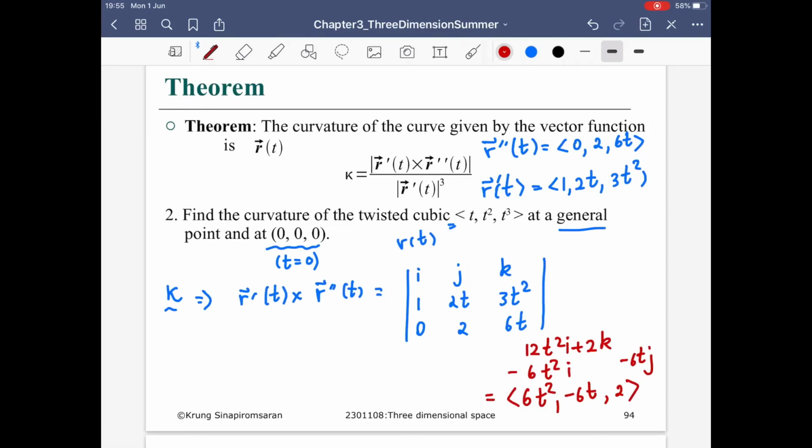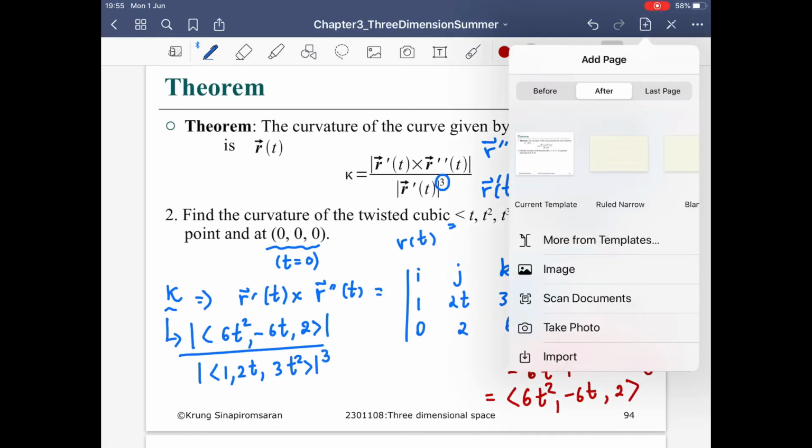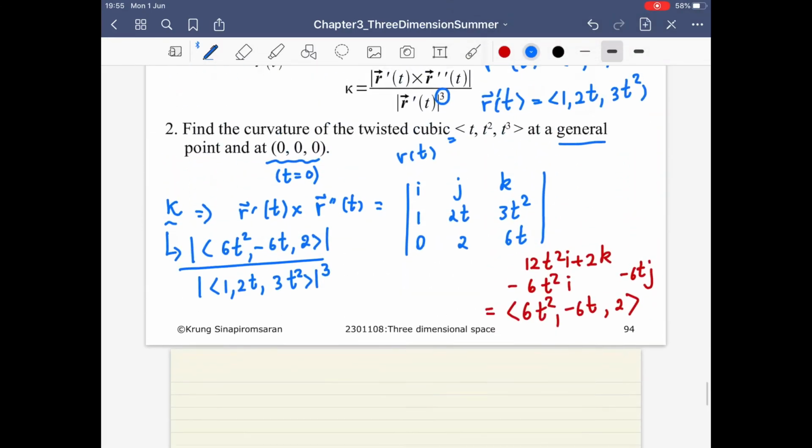So it means that the curvature at the general point t is the length of (6t squared, negative 6t, 2) over the length of your r prime, which is (1, 2t, 3t squared), raised to the power 3. So this is the common mistake that you forget that cube power.